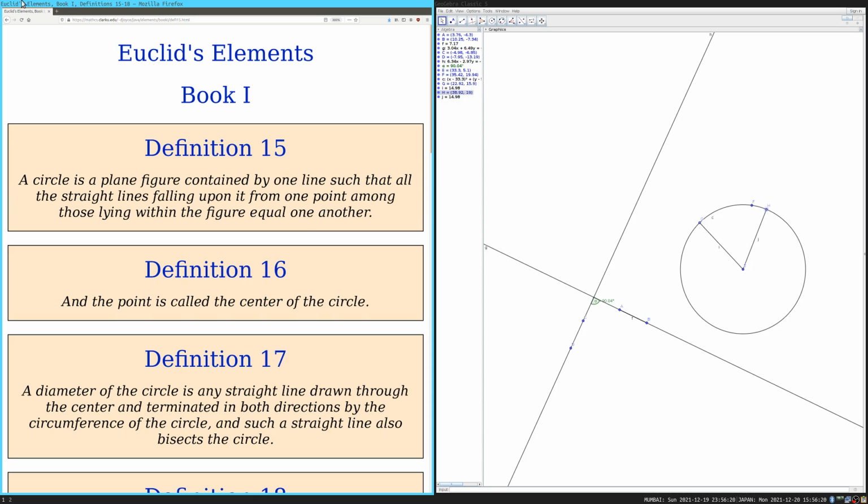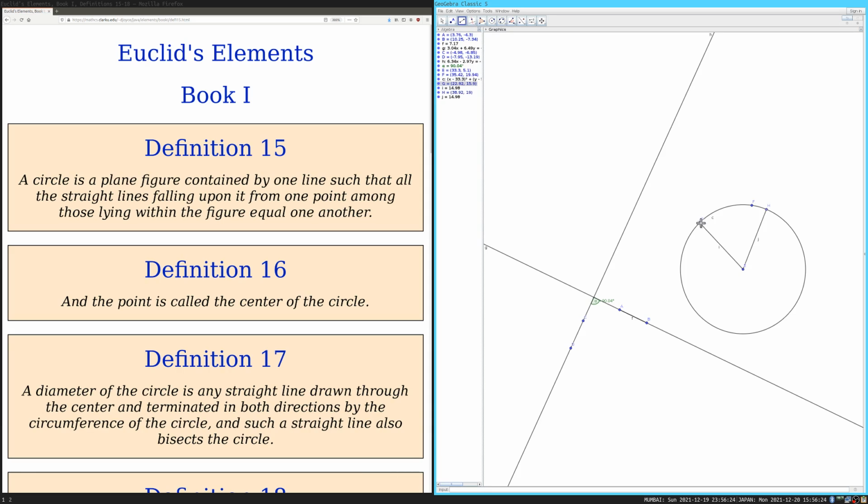A diameter of the circle would be a line segment that... Right, we know what a diameter of a circle is.